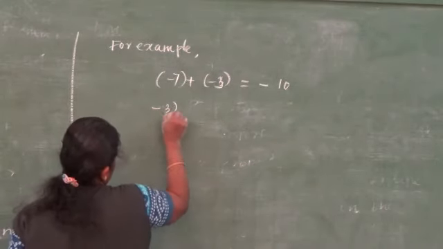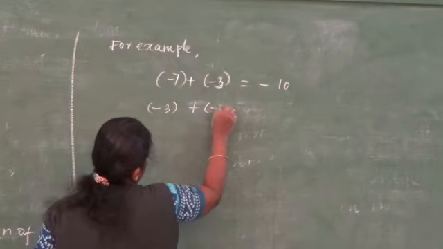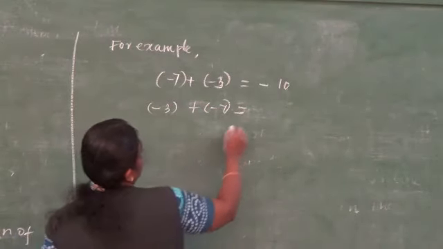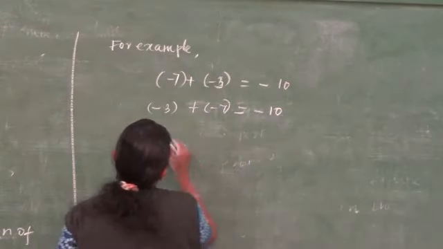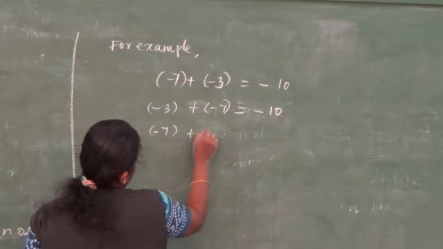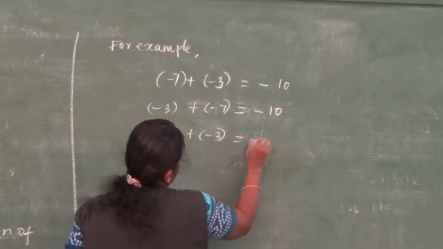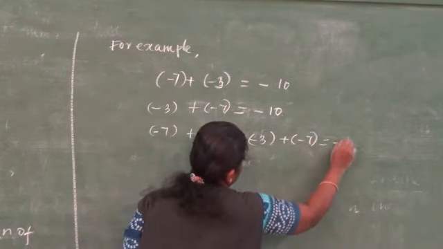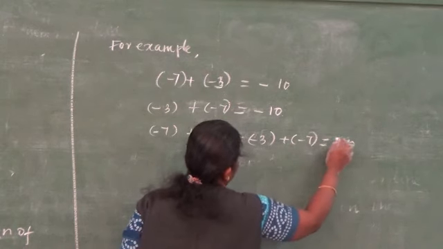Now minus 3 plus minus 7. Likewise, we are doing this problem also. You are getting the answer minus 10. So minus 7 plus minus 3 equal to minus 3 plus minus 7 equal to minus 10.